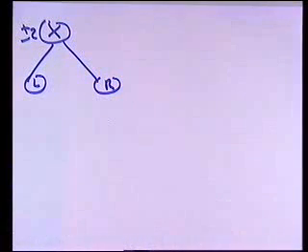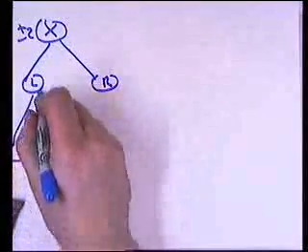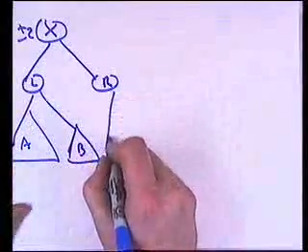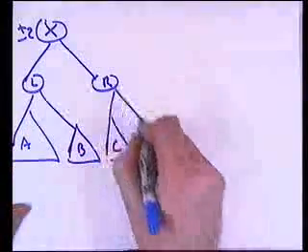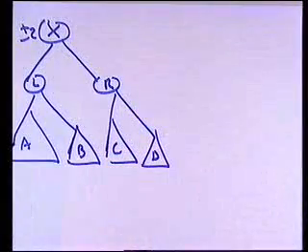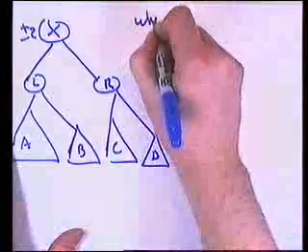The left child has subtrees, we'll say these are subtrees A and B. The right child has subtrees, we'll say C and D. To figure out which rotation we want, we ask two questions.